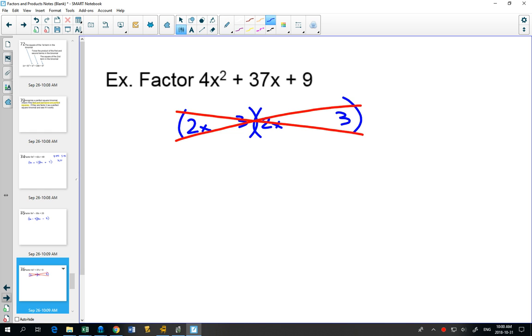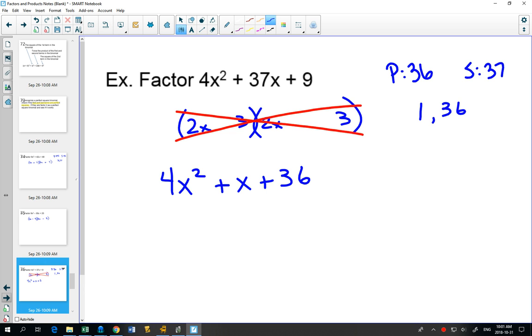The grouping method here, you multiply your first coefficient by the last number, so 4 times 9 is 36. Are there two numbers that multiply together to get 36 that add together to get 37? 1 times 36. So then we rewrite that 37x as 1x plus 36x.